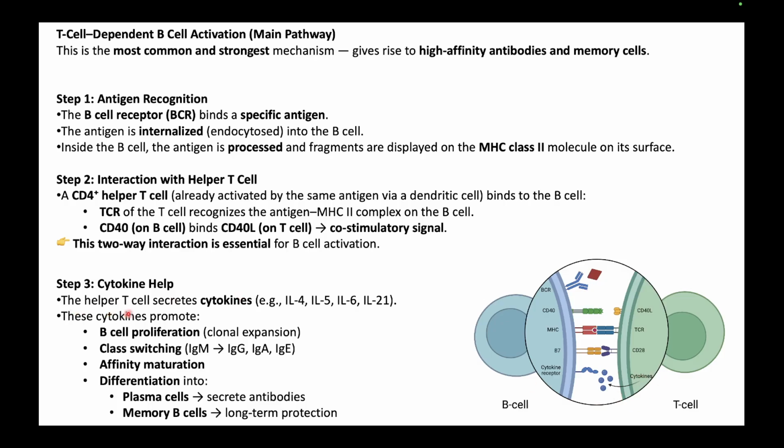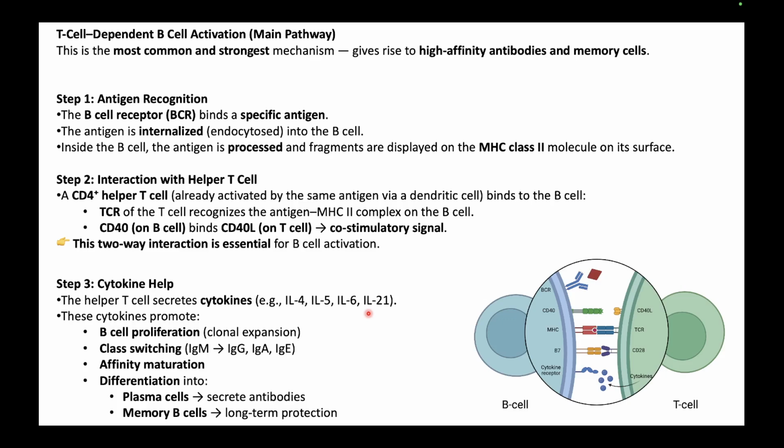The helper T cell secretes cytokines, such as IL4, IL5, IL6, IL21, different kinds of interleukins. Interleukins are the communicatory molecules between the lymphocytes. These cytokines promote B cell proliferation.